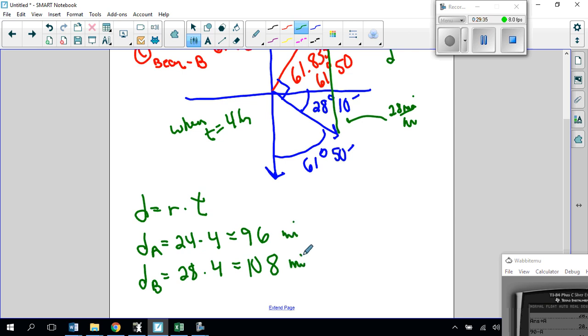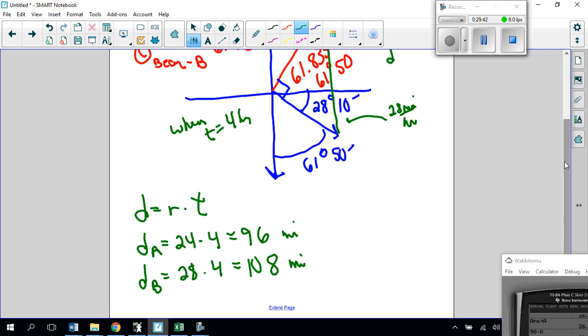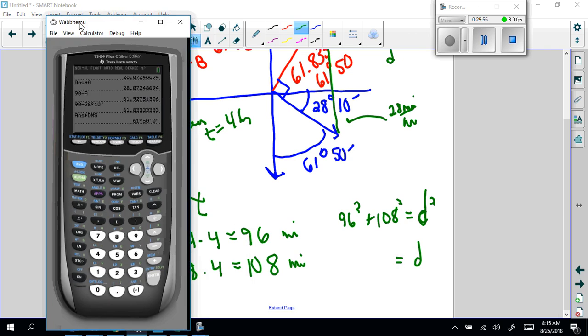Well, I don't even get to use trig, because you know you're looking for the hypotenuse. So it's side squared plus side squared equals c squared, and in this case, distance squared, and D is the square root of 96 squared plus 108 squared.